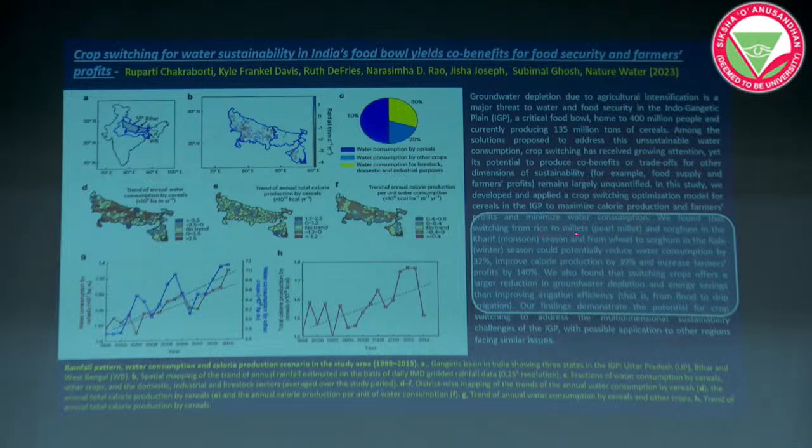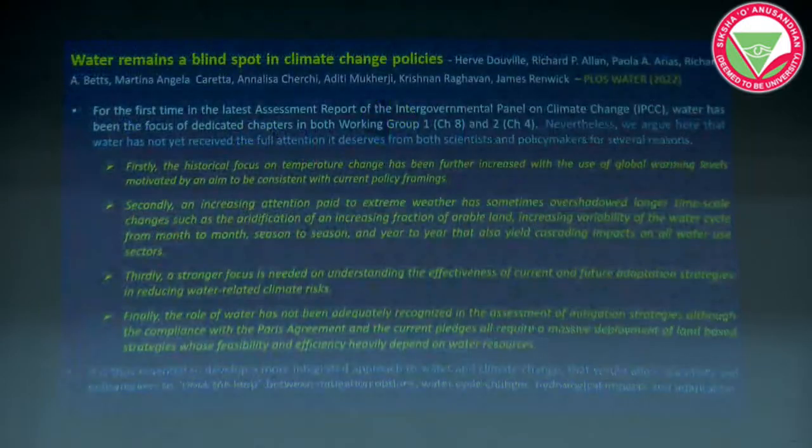You go from rice to millets and sorghum in the Kharif season instead of wheat. So you can really improve the groundwater because the irrigation requirements are minimum. Also, they find the irrigation efficiency improves, and so the energy demands are also reduced. So I thought I would highlight this paper, especially in this meeting.